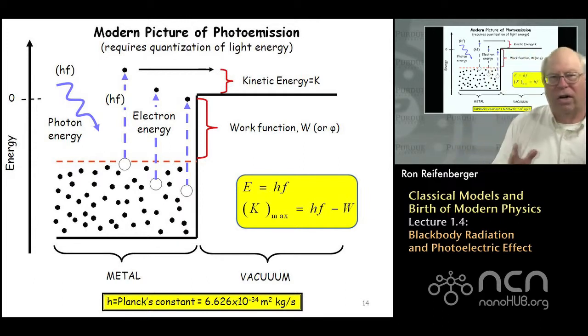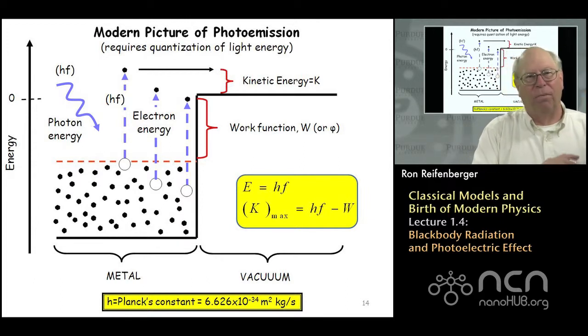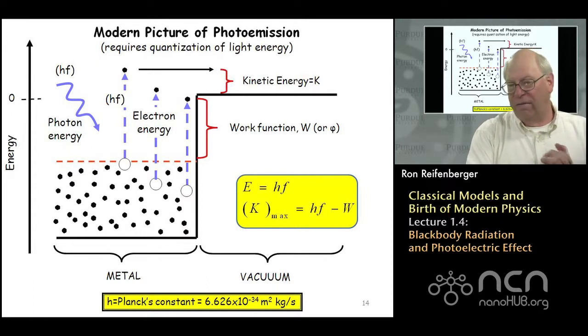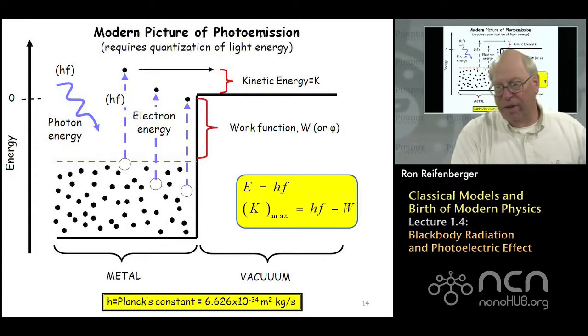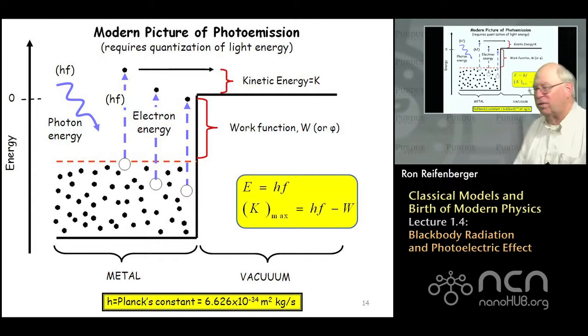So you can start to see how this simple model explains a lot of the experimental data. If the photon energy is sufficiently small, the excited electrons will never clear this work function barrier, so they'll get excited up and then just fall back down into this collection of electrons.